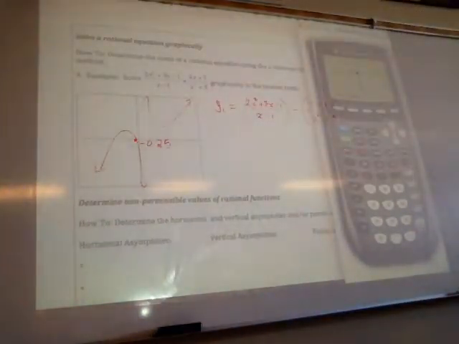Now we'll trace our second x-intercept. Second trace, number 2. Okay, you're going to go left bound, which is below the x-axis, press enter. Right bound, which is above the x-axis, press enter. Enter again. And we are at negative 2.08.